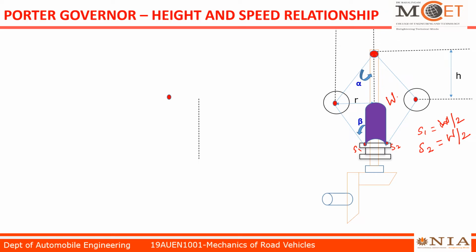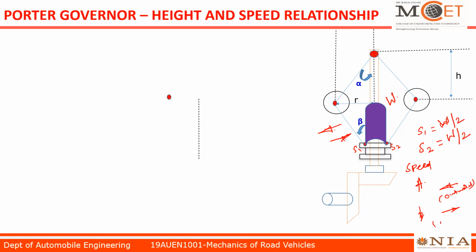If spindle speed increases, the ball will move in the outward direction. If spindle speed decreases, I just take the left side ball, the ball will move in the inward direction like this.